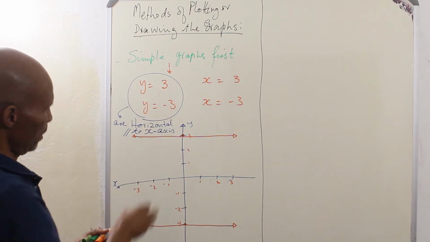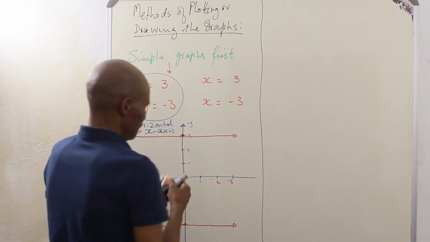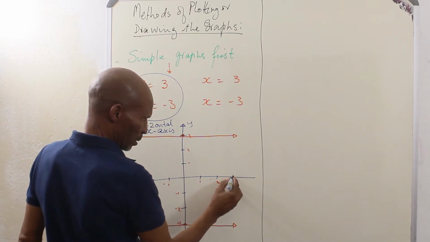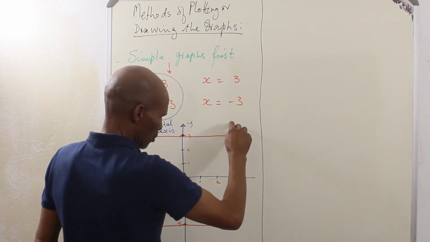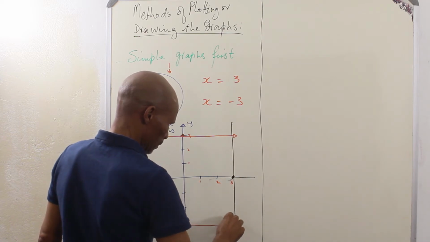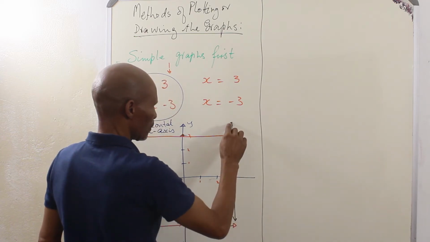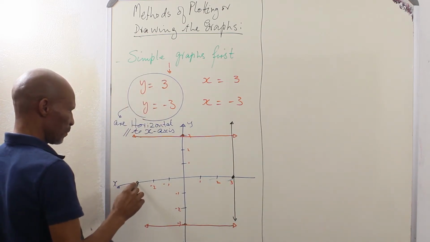Asidwebe le ka x manje. X is 3. Now x o 3. Sesiyayidweba ke graph. Nansi graph yethu. X is 3. X is minus 3. Nansi graph.